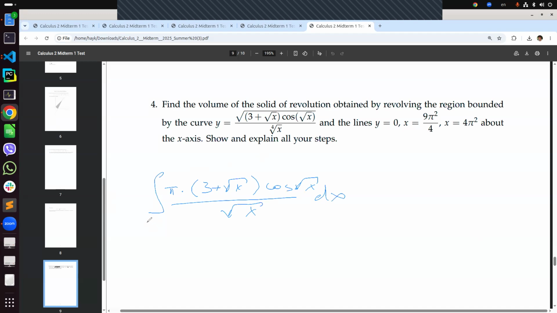And we are going to integrate from x equals 9 pi squared over 4 to 4 pi squared.